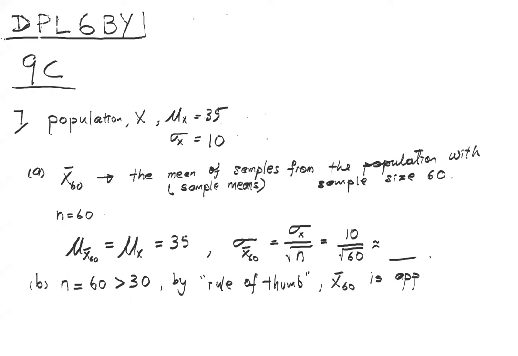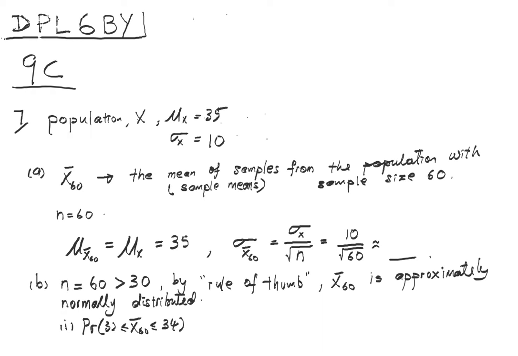I don't say 100%, I say approximately normally distributed. So when I want to find the first part, the probability of X bar 60 between 32 and 34, what can I use?